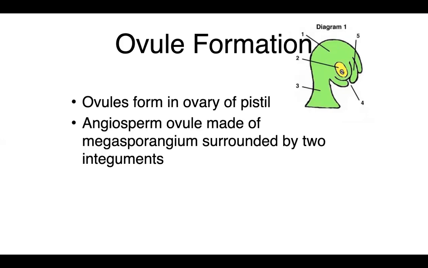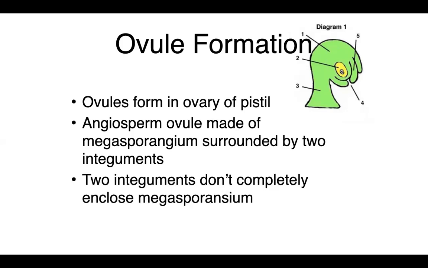An angiosperm ovule is made of megasporangium surrounded by 2 integuments. But the 2 integuments don't completely enclose the megasporangium. So you can see here, there's 1 integument here, and then a second integument there. But you still have where number 4 is, that's the micropyle.